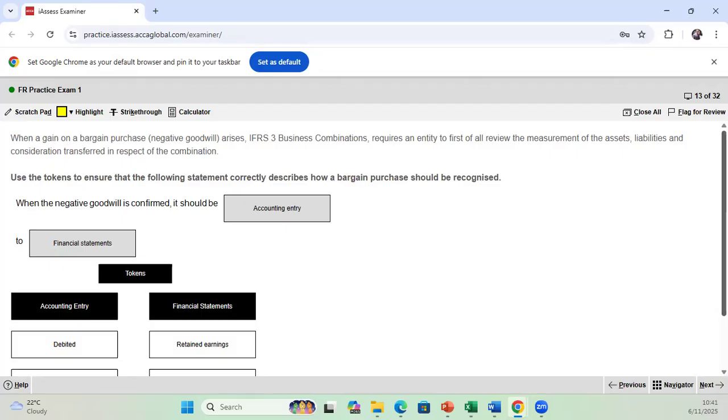So the question is then saying, use the tokens to ensure that the following statements correctly describe the definition.